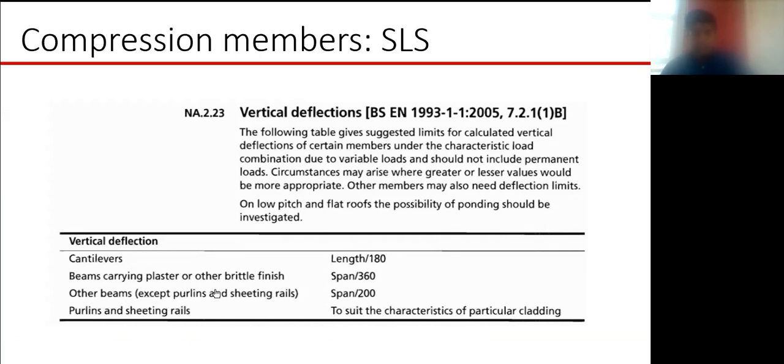If it is a beam carrying plaster or other brittle finishes, the deflection should not exceed span over 360. For other beams, it is span over 200. For purlins and sheeting rails, we need to decide according to the requirement. That is the recommendation in the national annex of the UK version of this Eurocode.